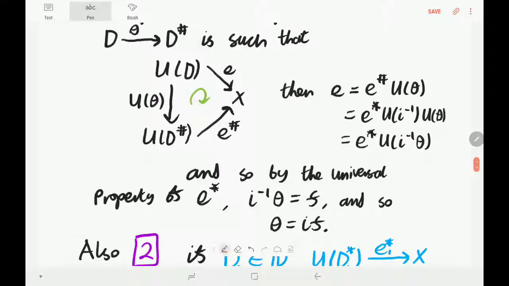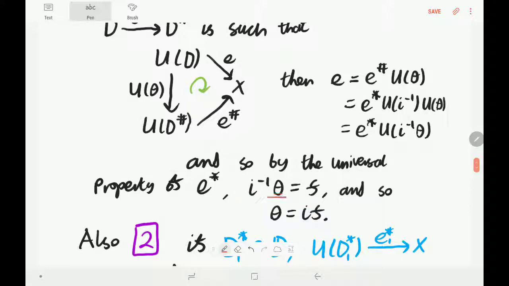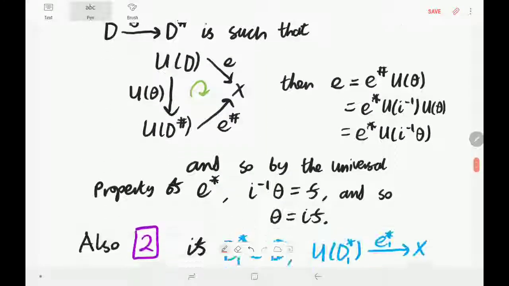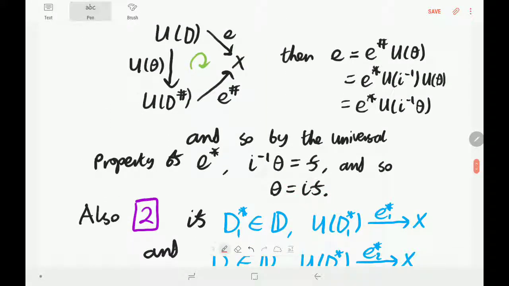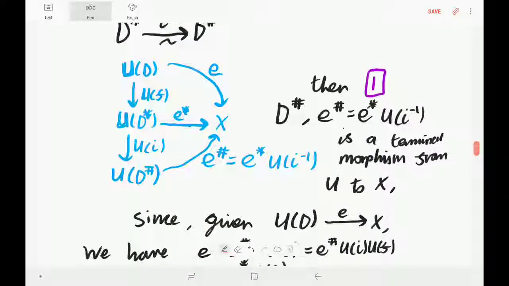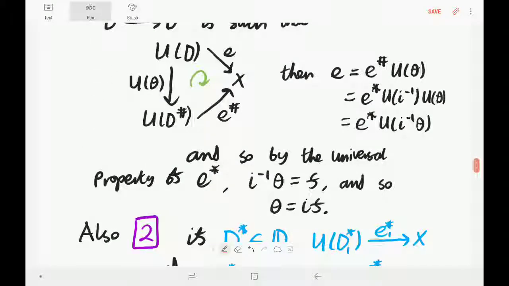So I inverse of theta equals f, and rearranging, theta equals I f. So the argument up here shows that using I f does make things commute, and the argument here shows that only I f makes things commute. So it's unique. Given this isomorphism between the D's, we've shown that we can change one terminal morphism into another using an isomorphism I in this unique way.